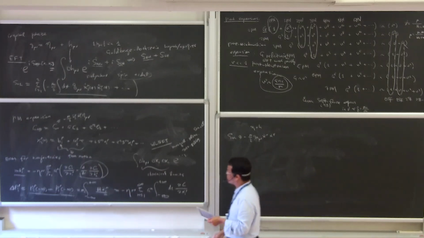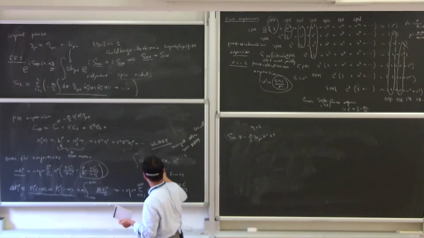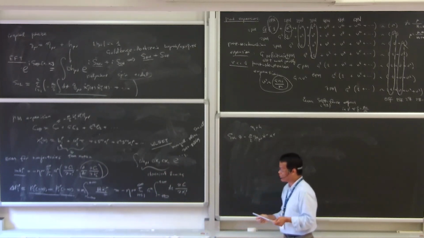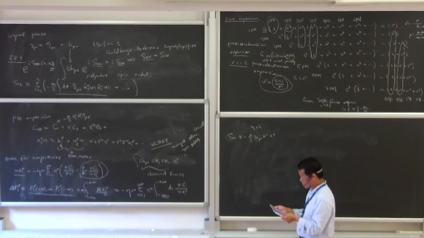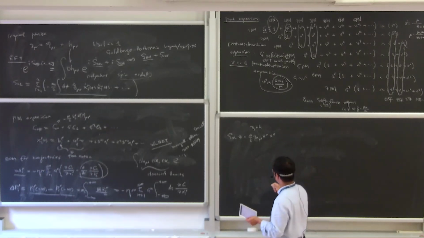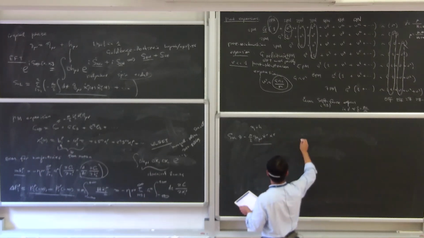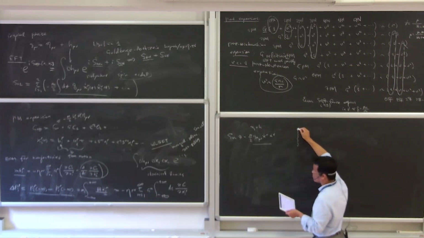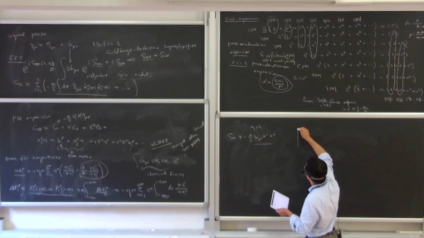Because we do not include the worldline in the path integral, we consider it as a classical source. So this gives a vertex between worldline and graviton. We use this ball as the worldline.